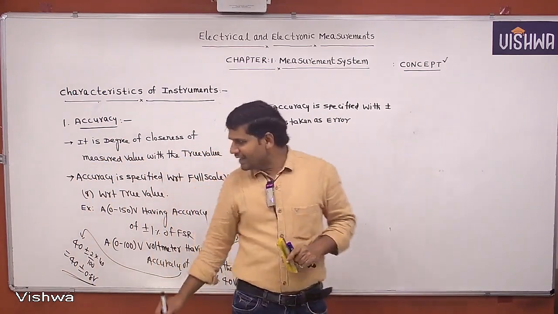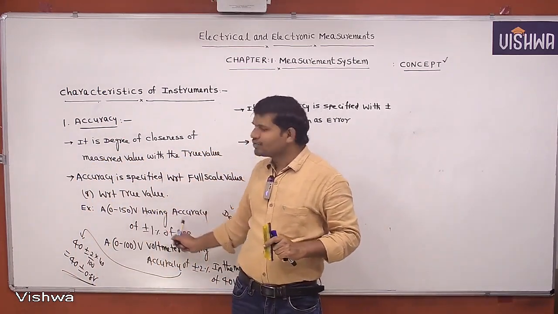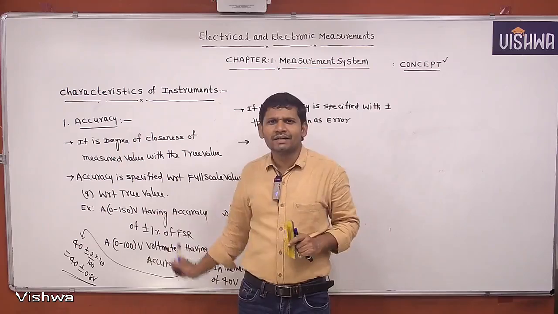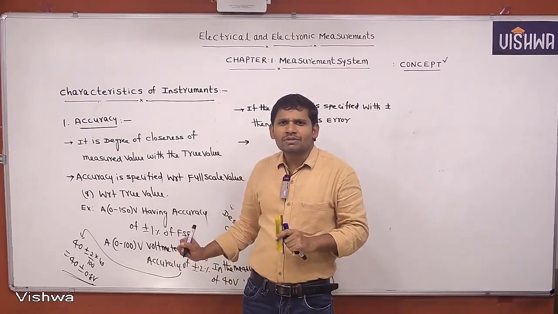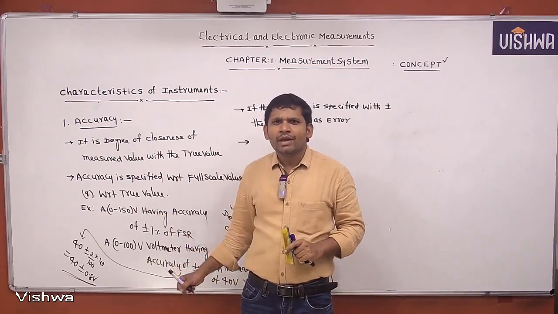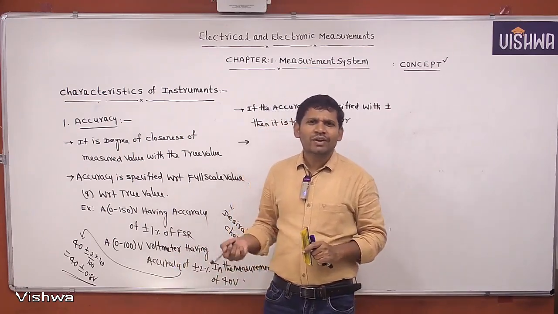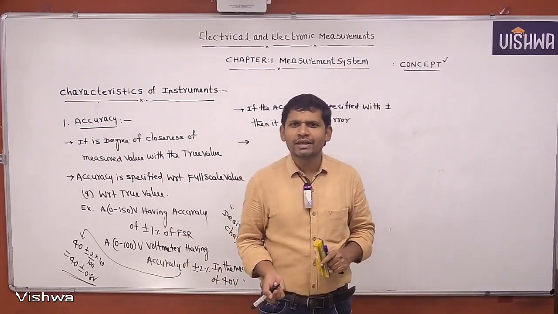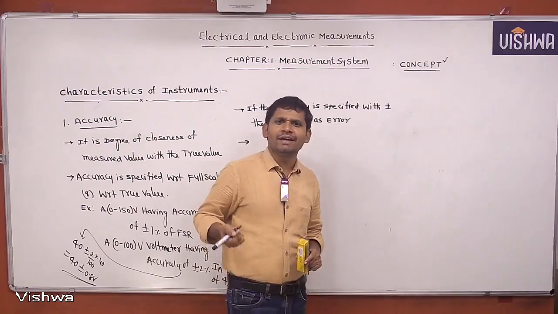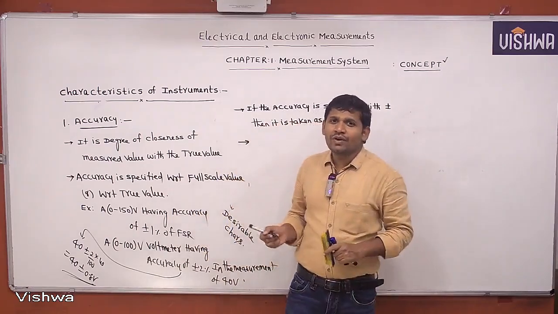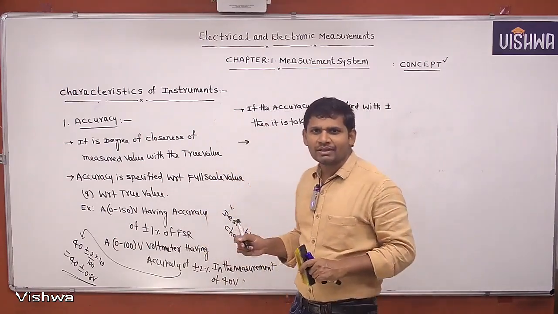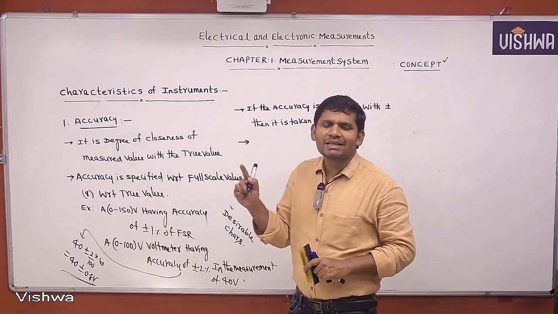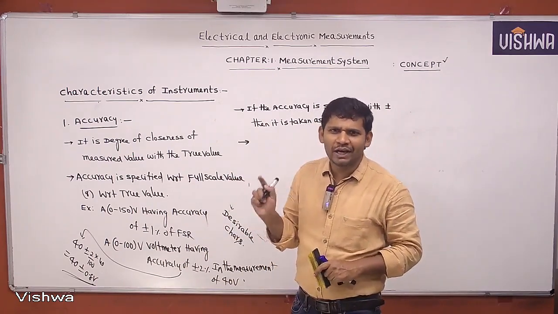Instead of representing the accuracy like plus or minus 1%, plus or minus 2%, in the problems it is represented like this: a voltmeter is having class 1 accuracy, class 2 accuracy, class 5 accuracy. What do class 1, class 2, class 3 accuracy mean? Class 1 accuracy means plus or minus 1% of full scale reading.